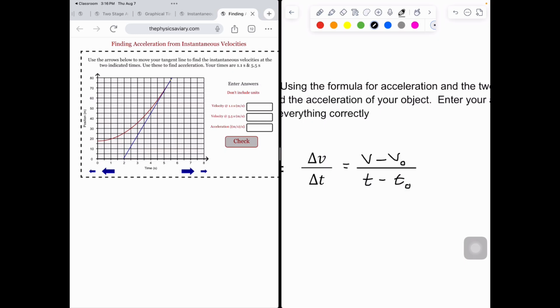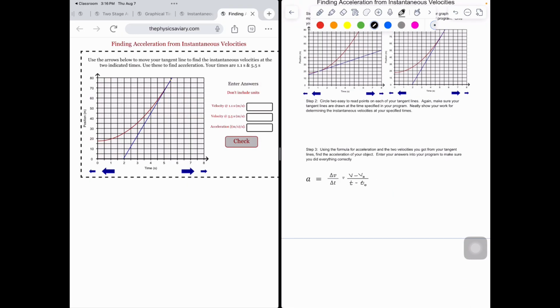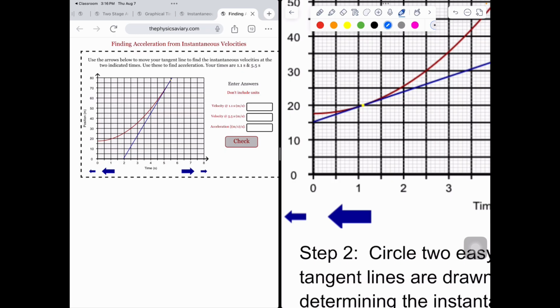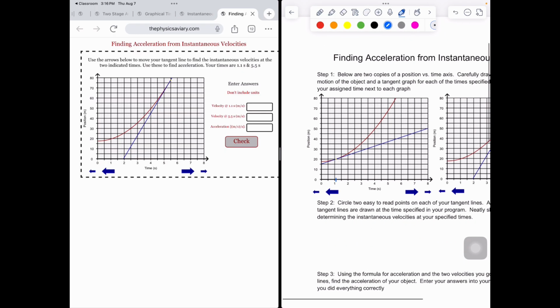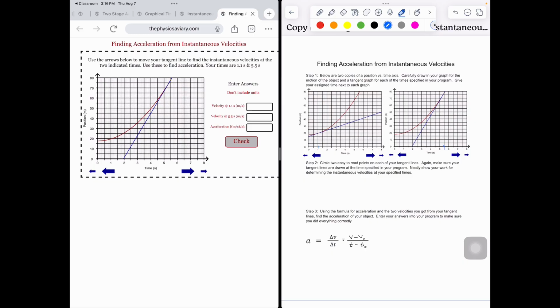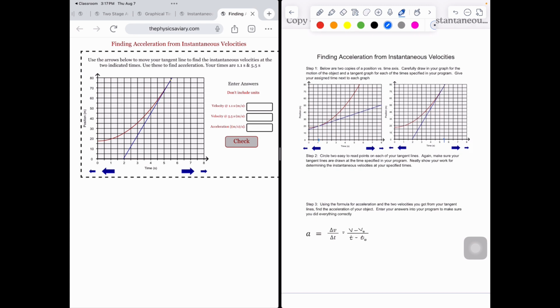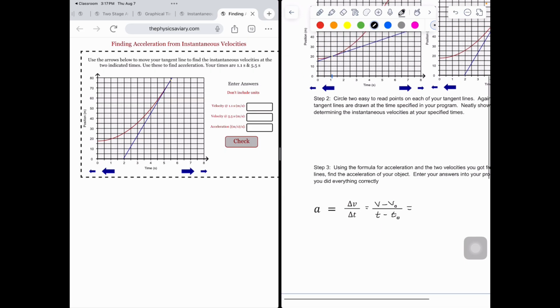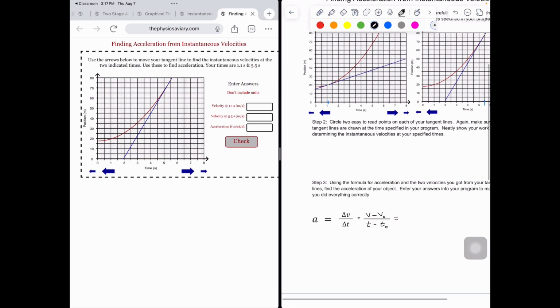Well, not in this case. This time the initial time is, for me, 1.1 seconds. The final time is 5.5 seconds. So your delta T is going to be the difference between your times. Normally T naught is 0, but when you're dealing with a graphing motion problem, sometimes T naught exists in the problem. Once you find your change in velocities, enter them into this, and then divide that by the difference in your times, and you'll have your acceleration.